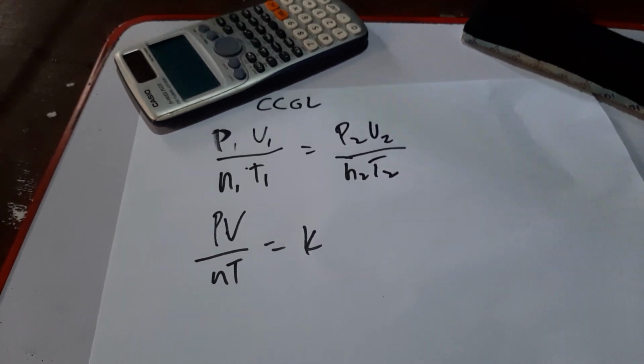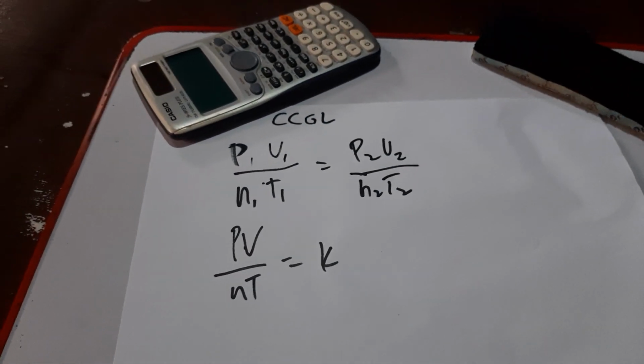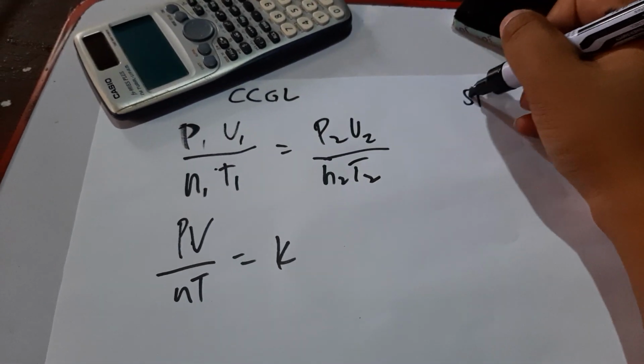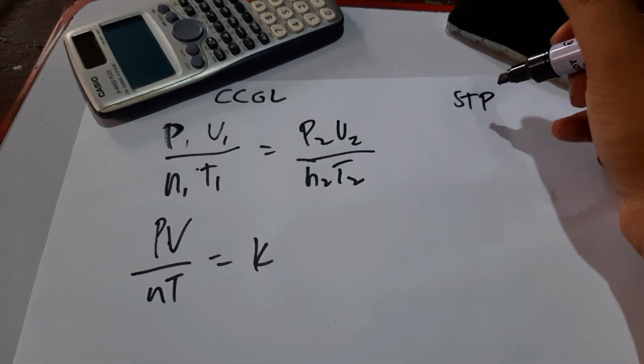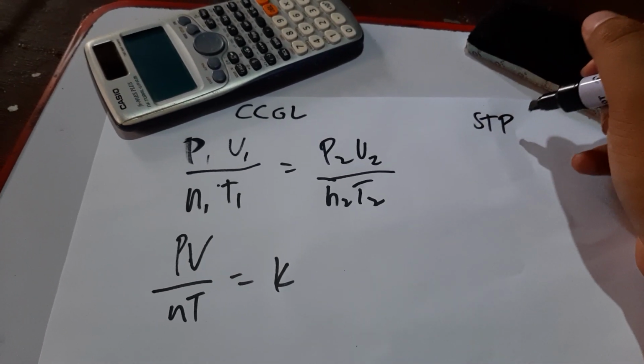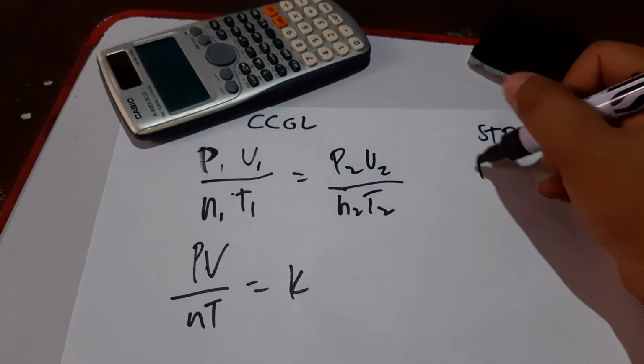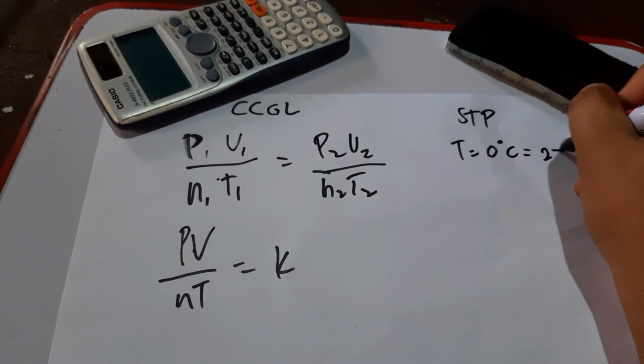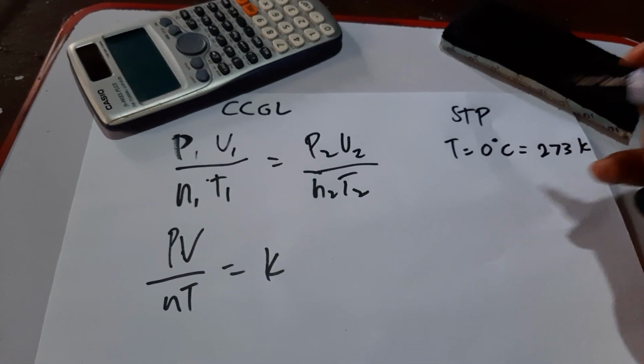But Avogadro realized something at a standard temperature and pressure. Bear with me, at STP, maybe you're familiar with this, meaning standard temperature and pressure. The standard temperature is 0 degrees Celsius, which eventually is 273 Kelvin because that's our unit.